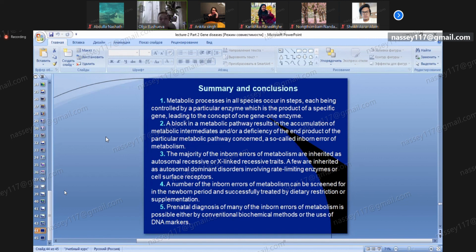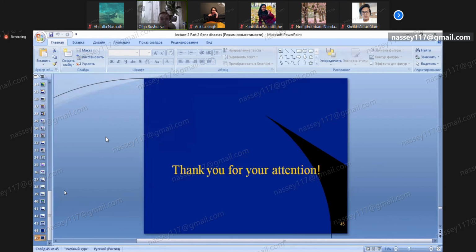Prenatal diagnostics of many of the inborn errors of metabolism is possible either by conventional biochemical methods or the use of special DNA markers and molecular genetic diagnostics.